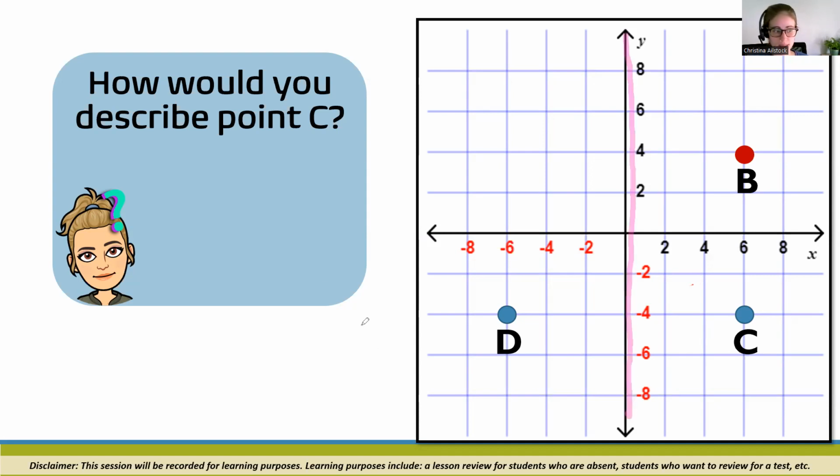So one way is C is reflected with D across that y-axis. So C and D are a reflection across the y-axis. But I also notice that if we look between C and B, they're an equal distance away. So C and B are a reflection across the x-axis.